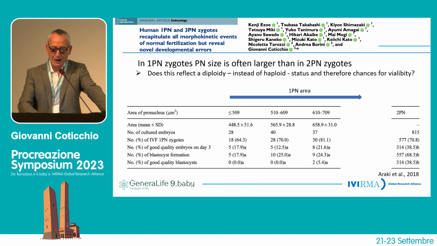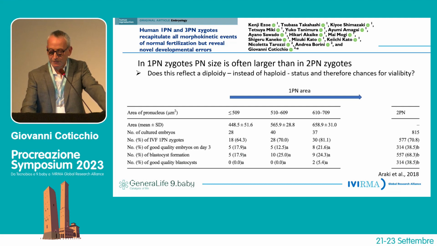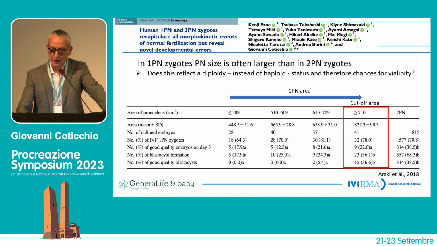As you can see here, until a certain size, say 700 micron square, the ability of those 1PNs to develop to blastocyst stage was very poor, if any. And of course, they also, for completeness, showed some data on 2PN zygotes. However, when they measured the PNs of 1PN zygotes having a larger nucleus and observed further development, they noticed that the quality and quantity of development to blastocysts was almost comparable, or virtually comparable to the 2PN controls.